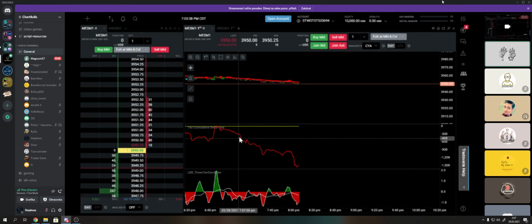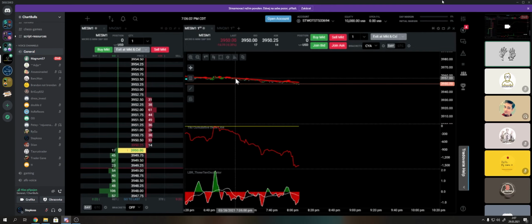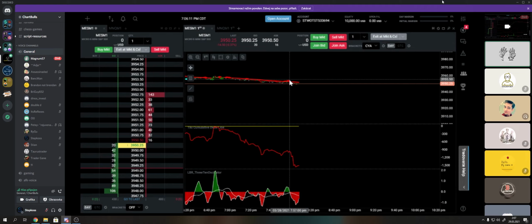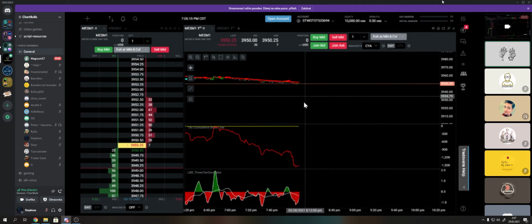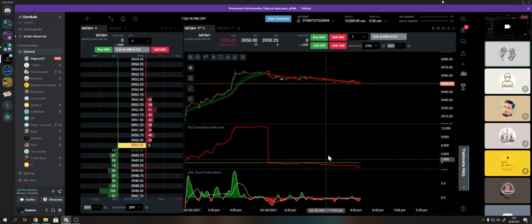You're looking for short trades only right here, and you're not just looking to short off of this red line. You're looking for price to go above, or this cloud to turn green, and then price breaks below the cloud, and then comes back into it, and that would have been your short back down. As long as all that made sense. But super simple, you know what I mean?